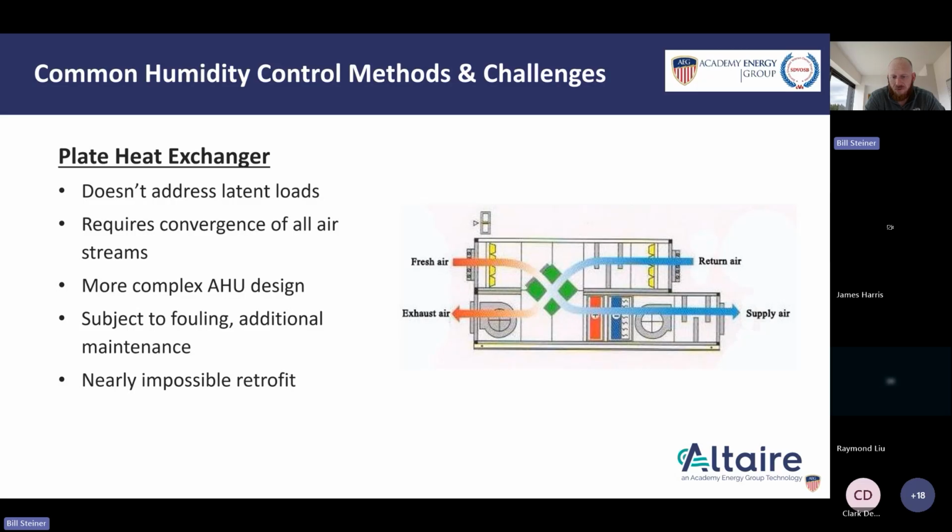Whereas with a runaround coil loop, you can have your exhaust air vented somewhere else, and your only limitation there is piping and pumping. Again, just like with the runaround coils, it does provide energy recovery. However, you're still going to have to subcool everything to get down to your dew points because you're not going to get there with a plate heat exchanger alone.